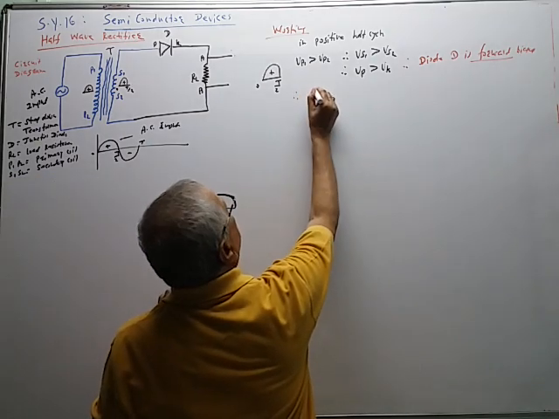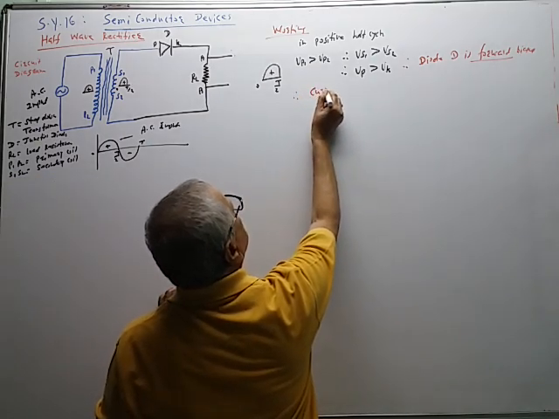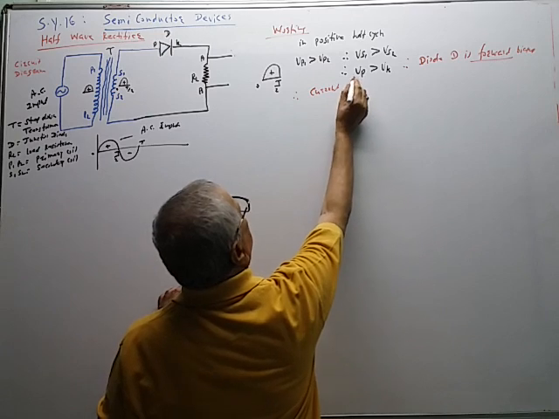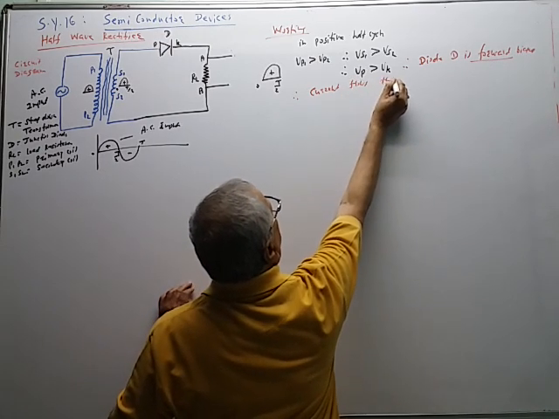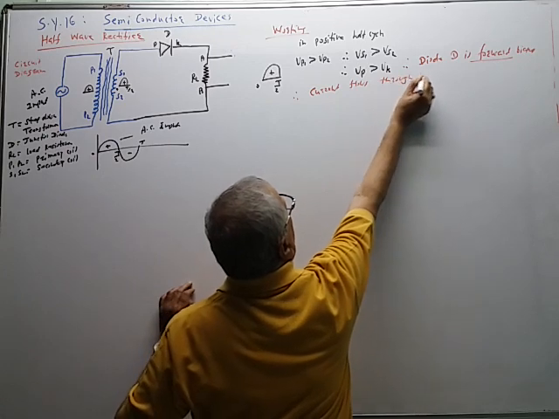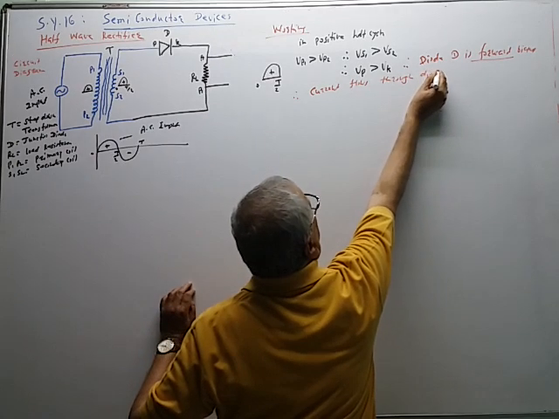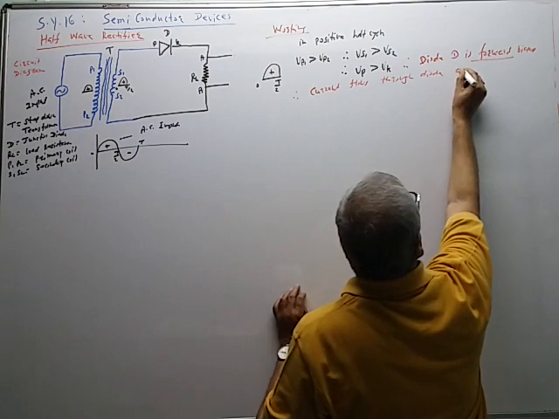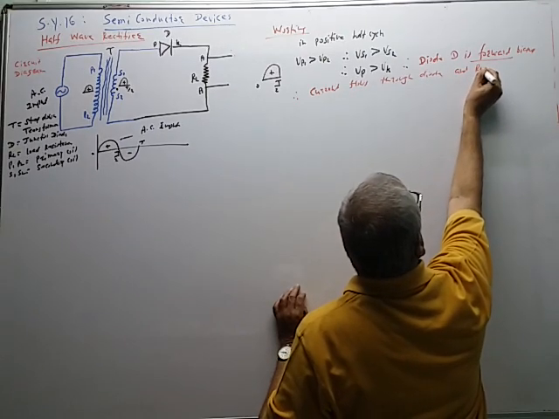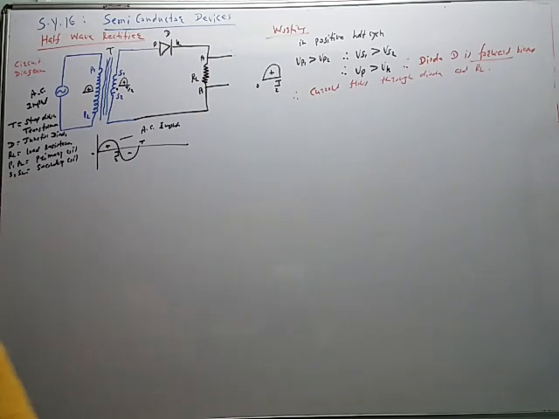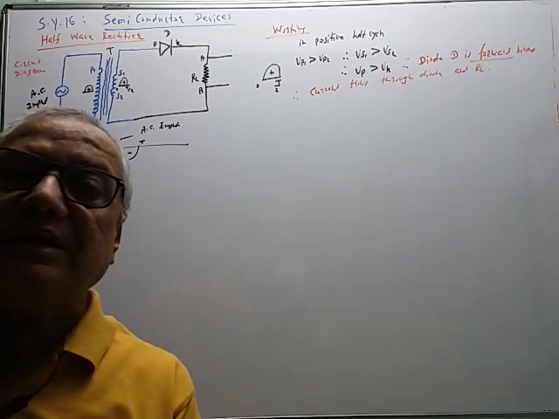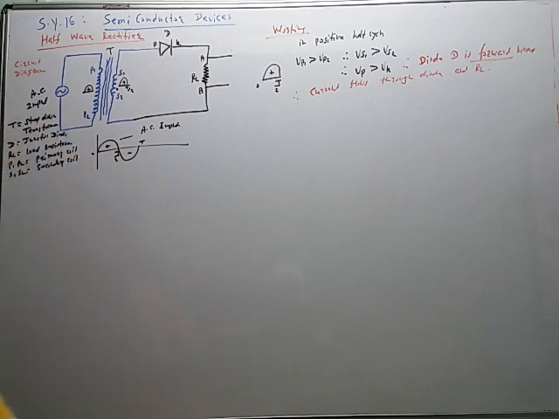Therefore, current flows through diode and RL, load resistance. Now, there is a flow of current, but what is the direction? That is the important part.